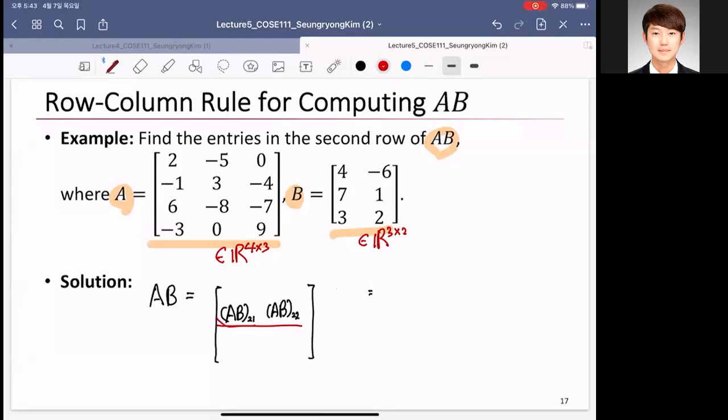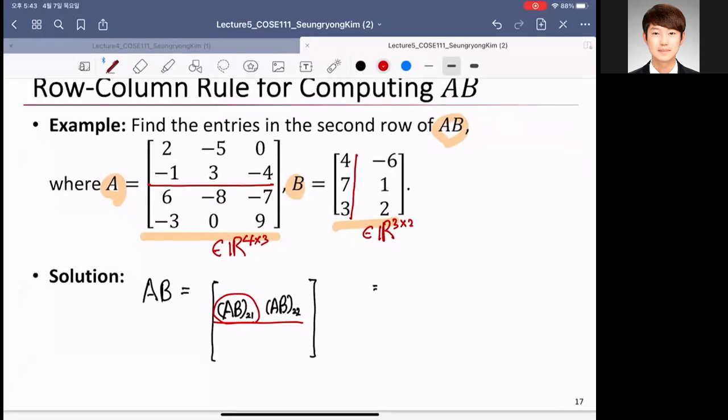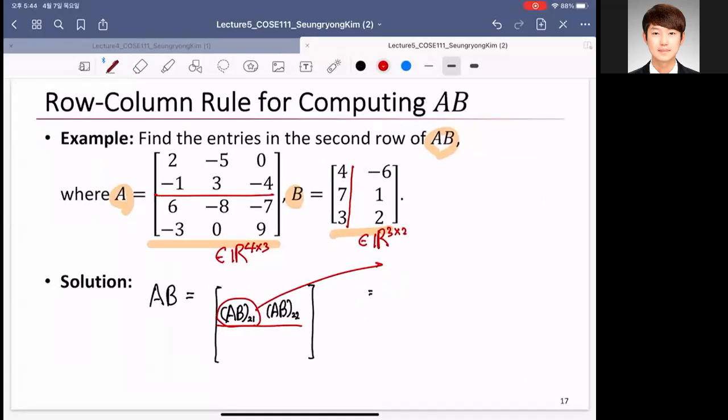So AB21 is going to be the second row times the first column in matrix B: negative 1 times 4 plus 3 times 7 plus negative 4 times 3.